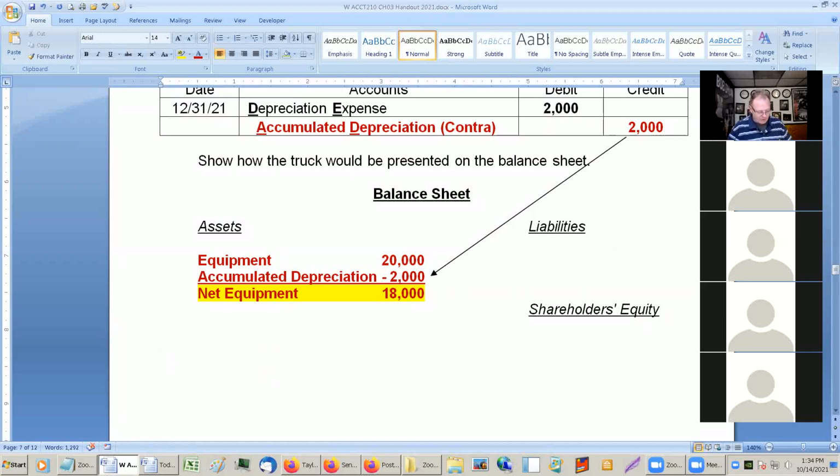Let's say that we have two different pieces of equipment. Sometimes it'd be called the book value or the carrying value. So this would be what they call the book value.